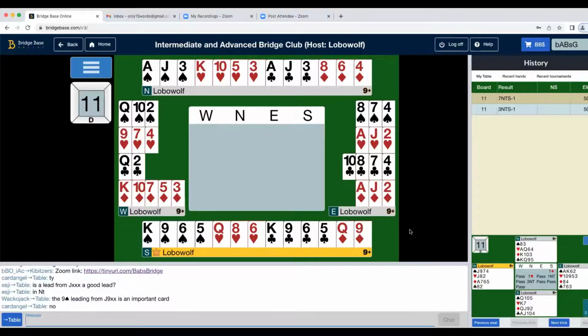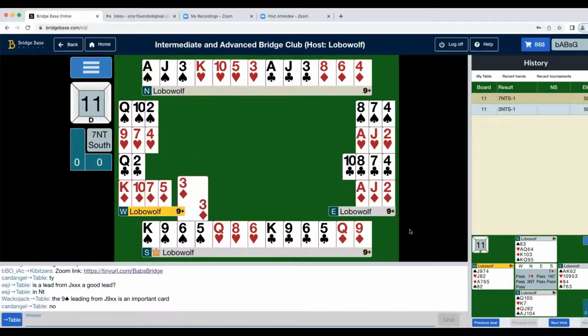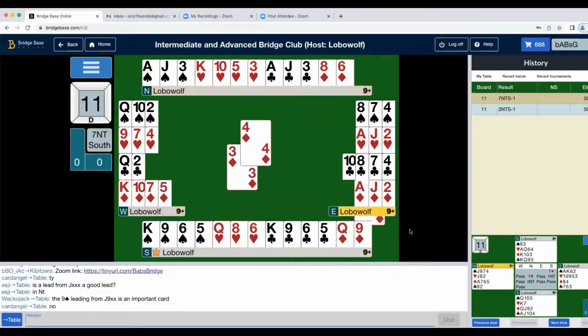And again, don't worry about the auction or the whole deal. We're looking specifically at the black suits. And so I want to focus first on the club suit.